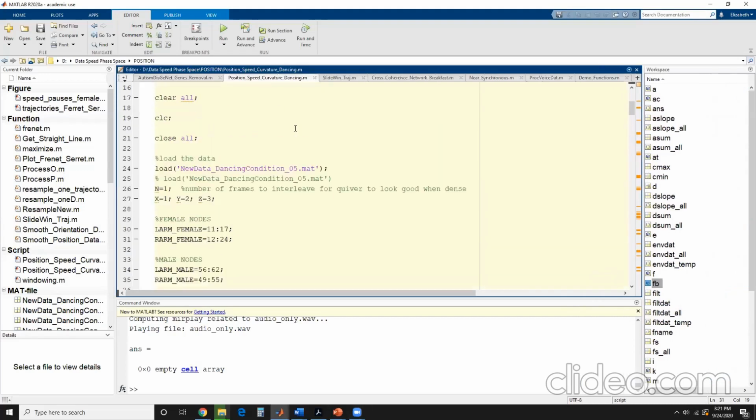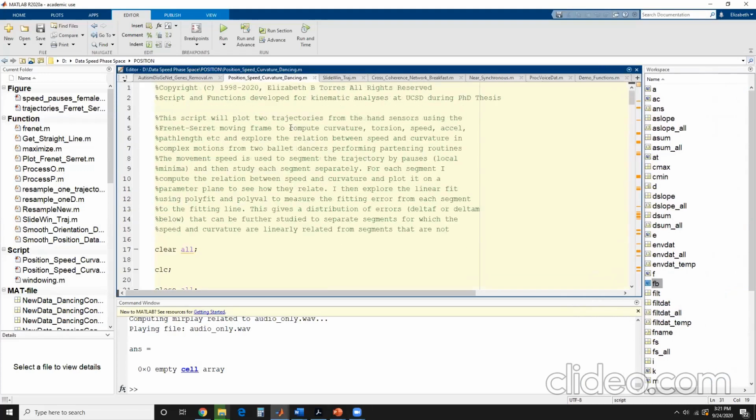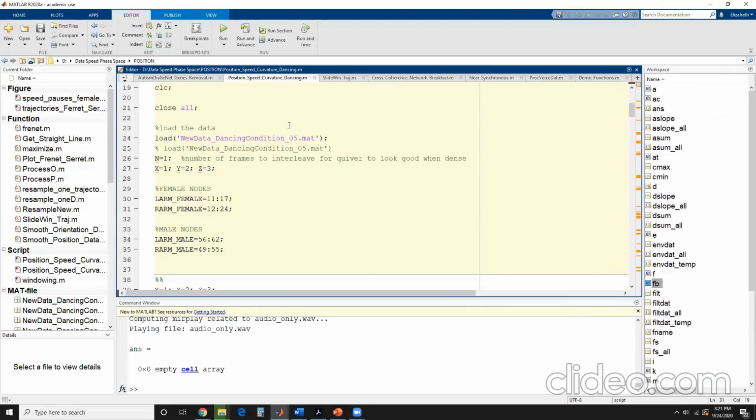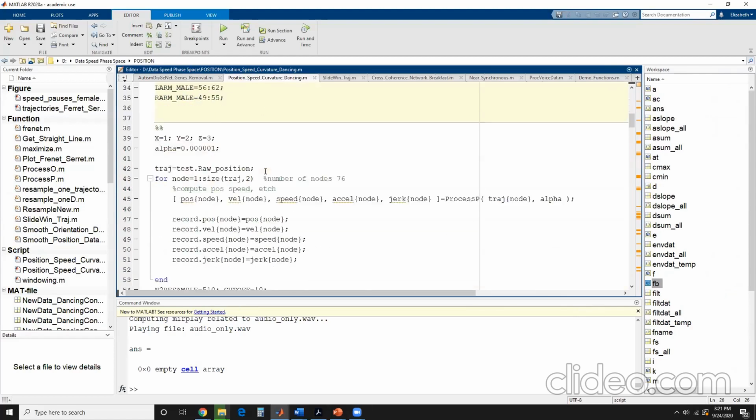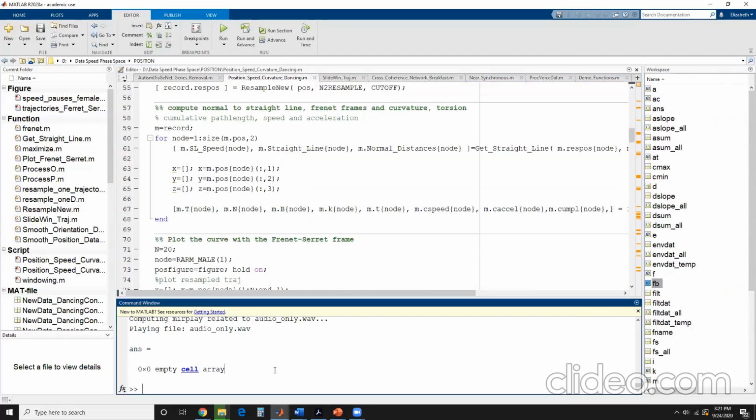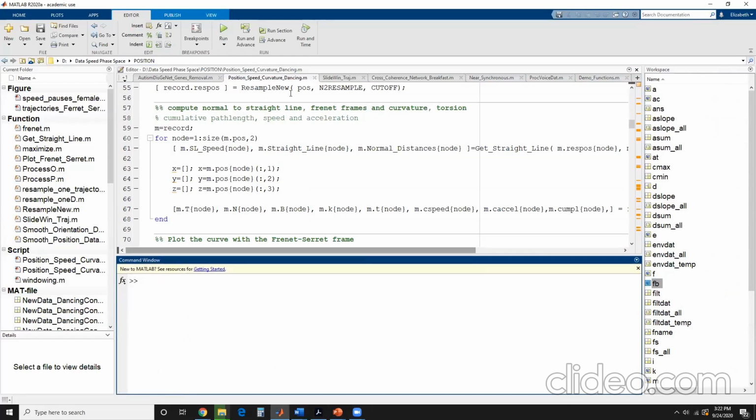So I put this code in the box and essentially it takes this data from the dancers. I'm going to run it. So let me just close everything. I'm going to run the whole thing.